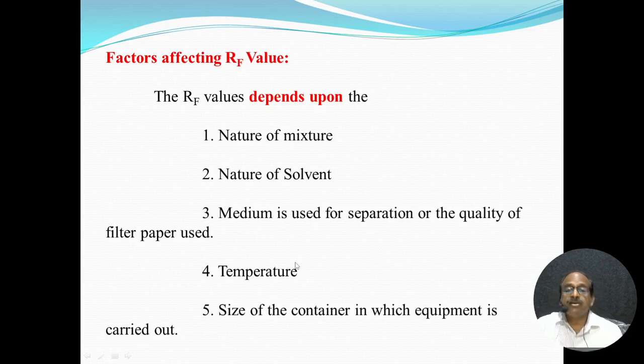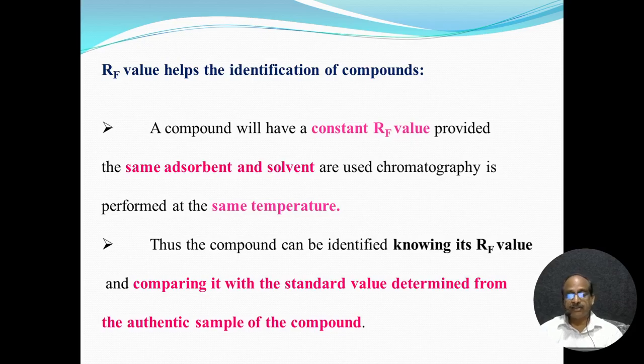You have to mention at what temperature you are performing the experiment using the chromatography technique, about 25 or 27 degrees centigrade. And another one is the size of the container. The container is also important equipment, and a suitable container size is also a factor affecting the RF value.